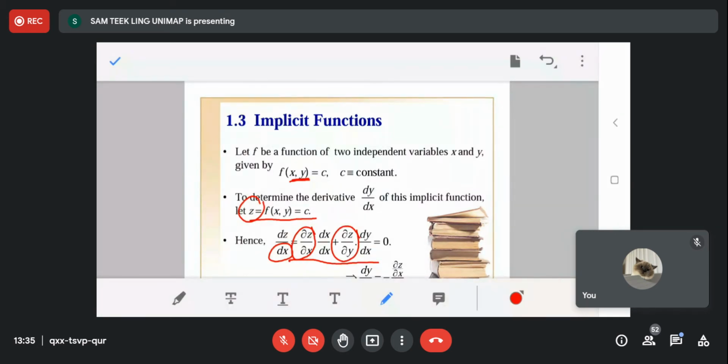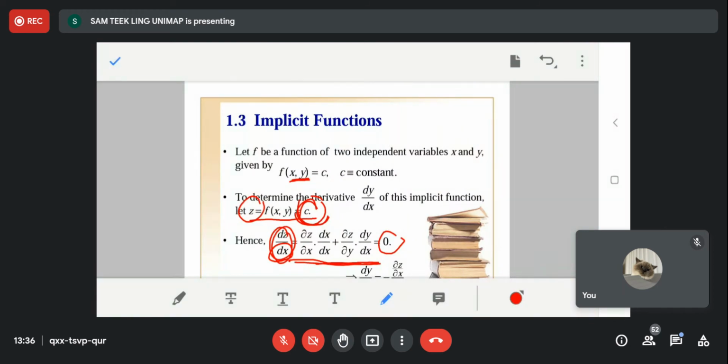So we use the change of variable, and we will get this one. Then it equals 0, because we differentiate a constant. We differentiate z with respect to x, and you also differentiate c with respect to x.